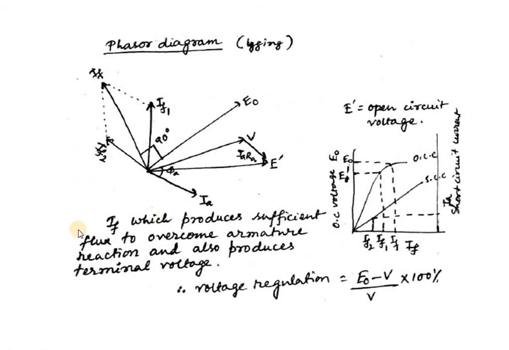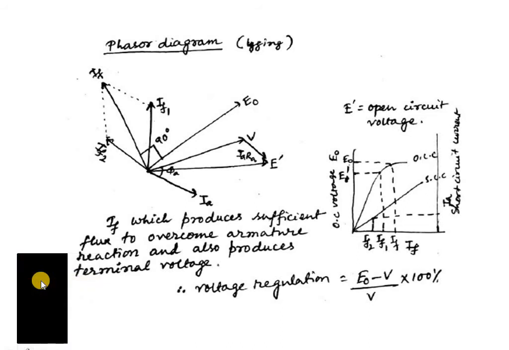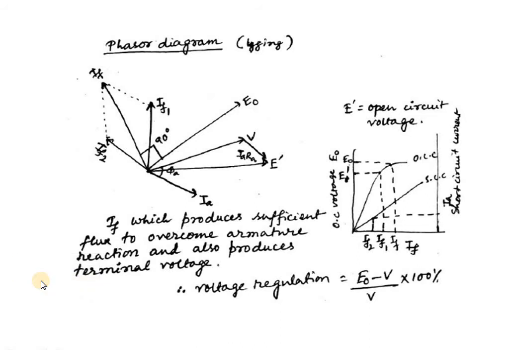Here, the armature terminal voltage per phase V is taken as reference. This is O and this is A, and this OA axis is the terminal voltage V, which is taken as reference.